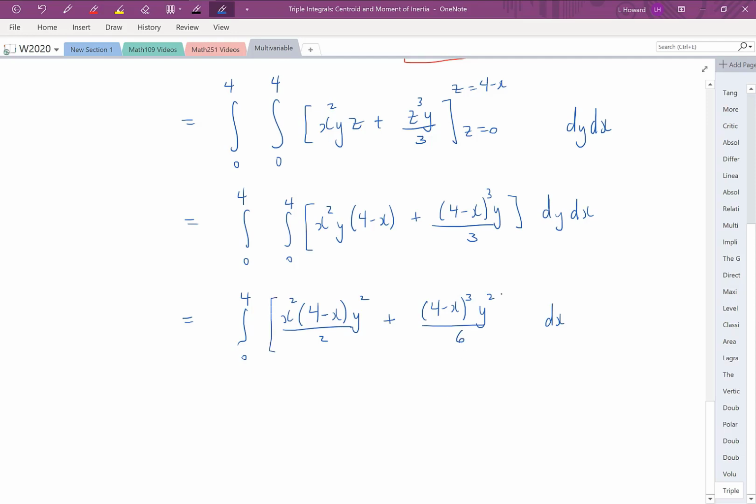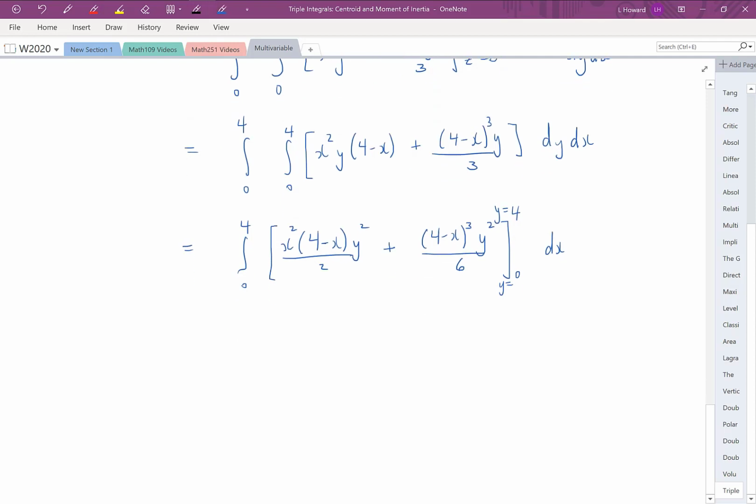Okay, and then that's got to get evaluated at 4 and then at 0. Probably a good idea to write y equal 4 and y equal 0 there so that we know what we're subbing in. So a couple more steps to go. We still got our outside integral and our outside differential on there, and let's start subbing in. So when y equal 4, y squared over 2 is going to be 8.